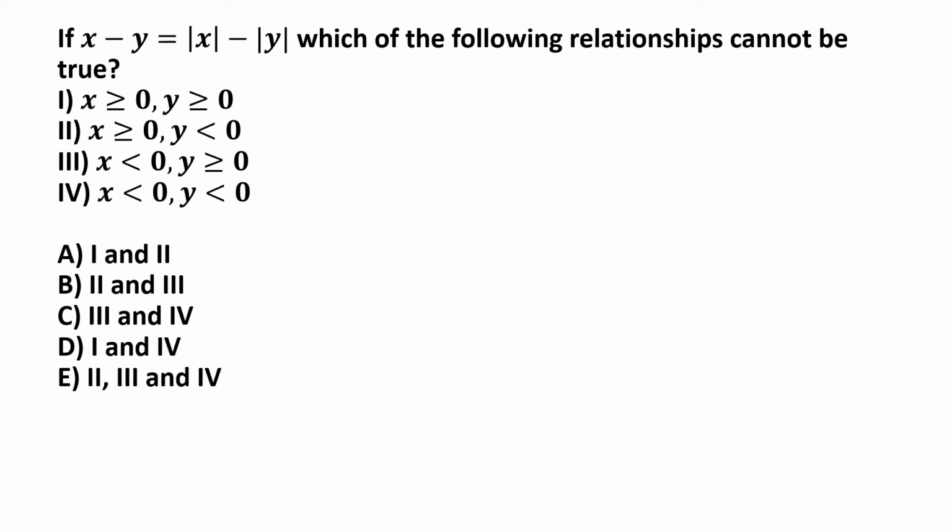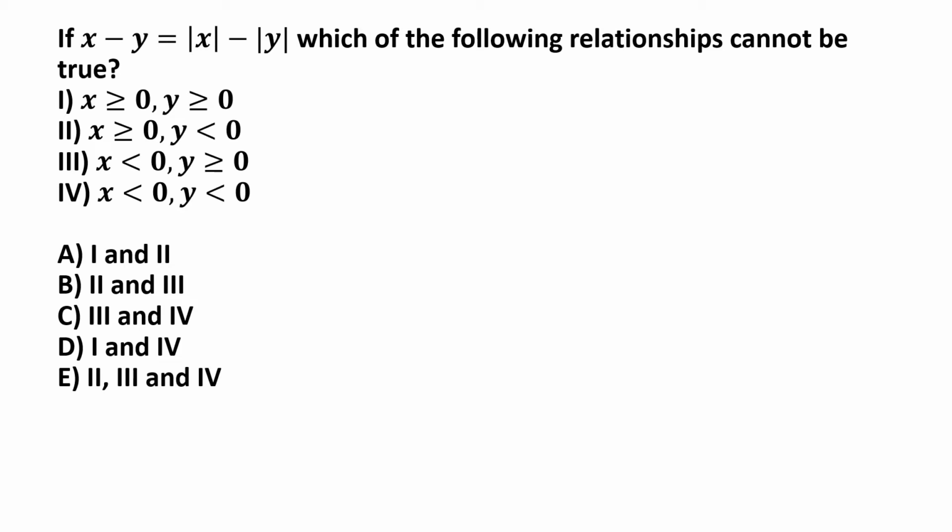The second one, x greater than or equal to 0, but y less than 0, and so on. So we have 4 different domains of x and y, and we have to determine which of these cannot be domains of x and y given the relationship that x minus y is equal to mod x minus mod y.